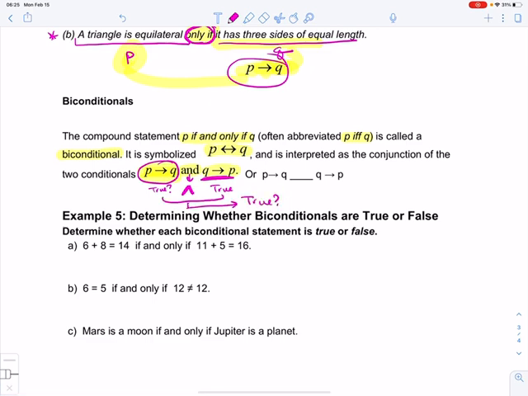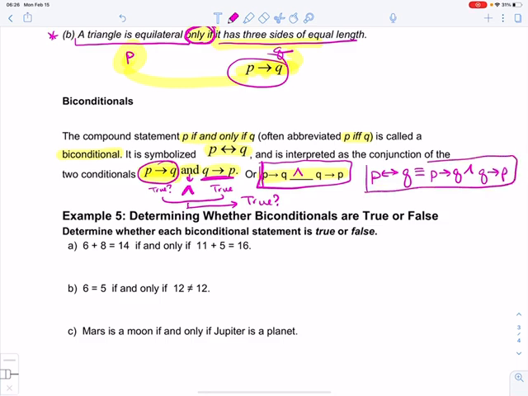So that's how you think about these. And remember, this is what it looks like when you're trying to create a truth table for it. This is the end result. So P if and only if Q is congruent to P implies Q and Q implies P. So that's the big theorem right there.